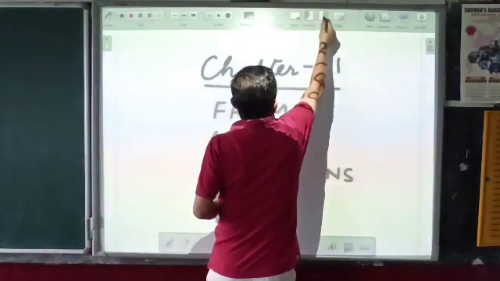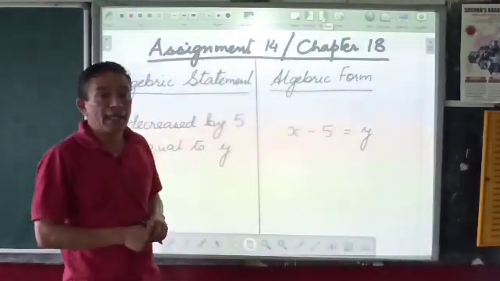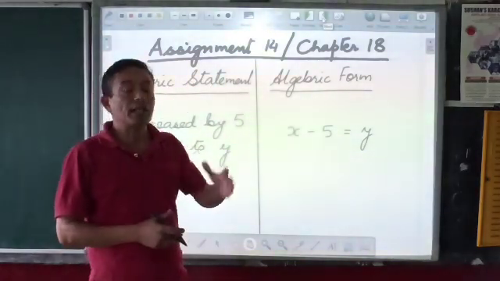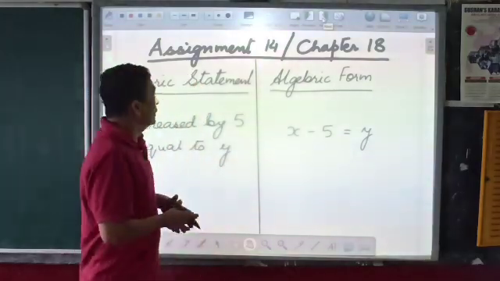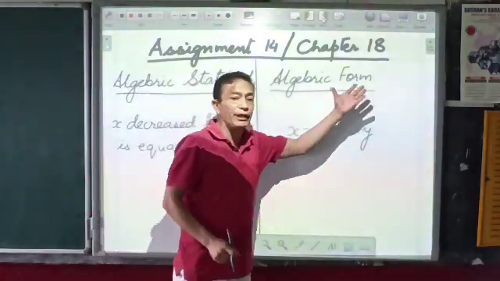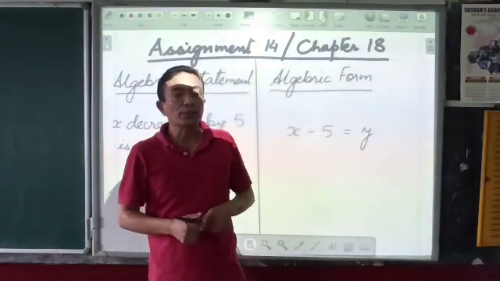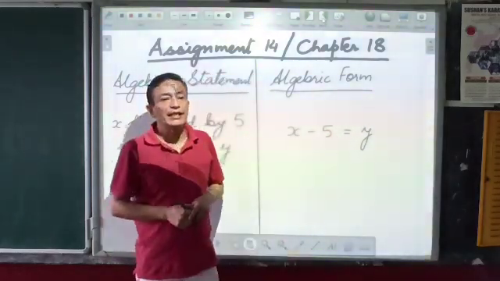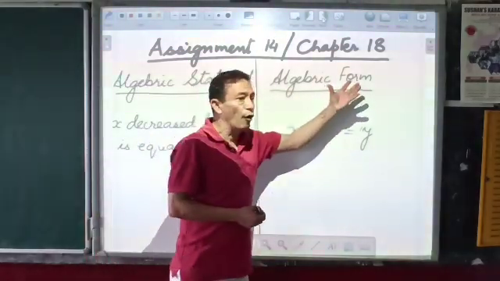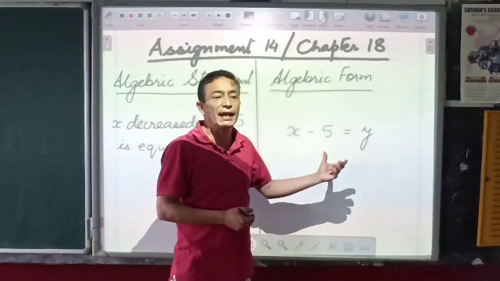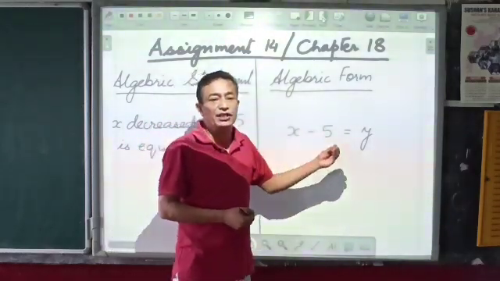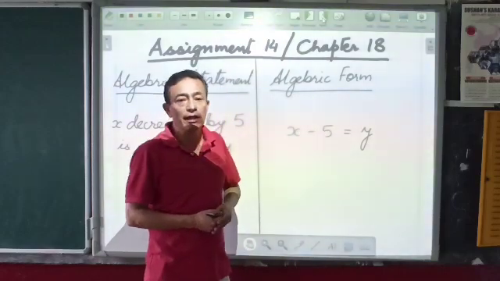Now if we go back to our chapter number 18, our assignment number 14, when we started with algebra, we learned something in terms of algebraic statement and algebraic form. Now when we talked about statements, we said statements are written in words, and algebraic form is the shortest possible way using the alphabets, the numbers and the signs and symbols to denote our statement.